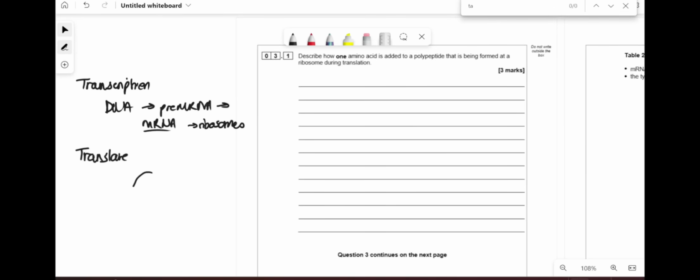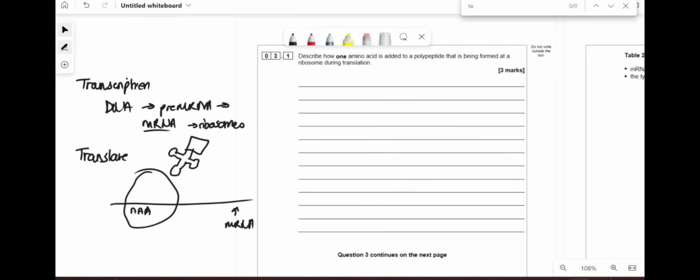Now, when you get to ribosomes, that's when you translate the mRNA into amino acids. So you've got your ribosome here, you've got your mRNA here, and let's say we've got a codon, AAA, because I'm lazy. What happens is a tRNA molecule with a complementary anticodon and an amino acid attaches. So there's an amino acid here, and you've got a complementary anticodon, UUU, which binds to the ribosome via complementary base pairing.